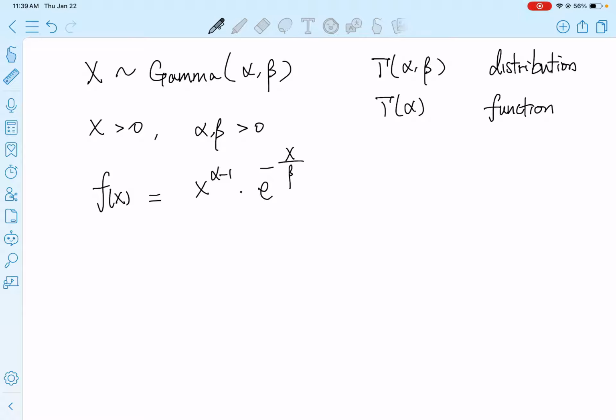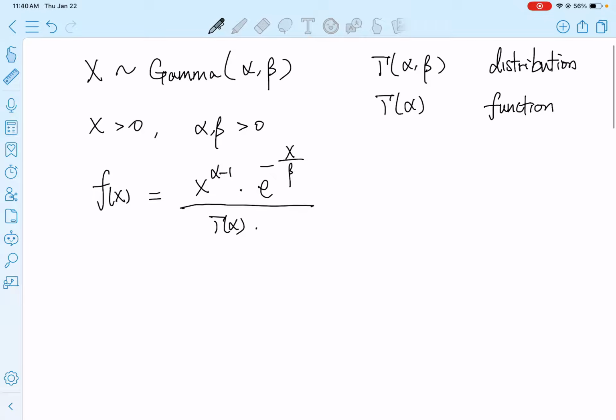So we have a fraction in the power term. In the denominator, we have the gamma function that only takes the input alpha, multiplied by beta raised to the power alpha. So we have a numerator and a denominator, and we usually refer to the numerator as the kernel function.